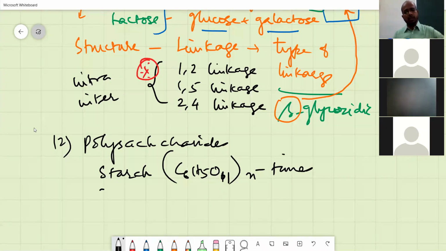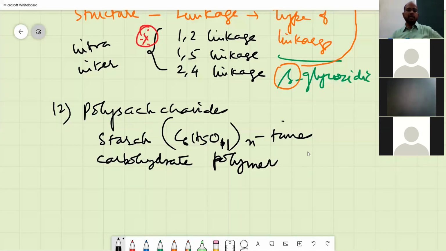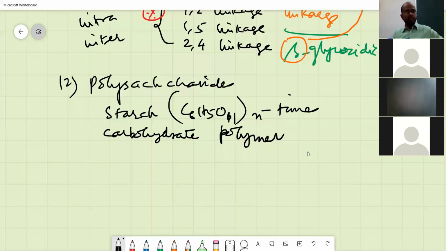These are all carbohydrate polymers, and you have to write the structure of starch. These are all repeating glucose units. And you have seen 20% amylose and 80% amylopectin.